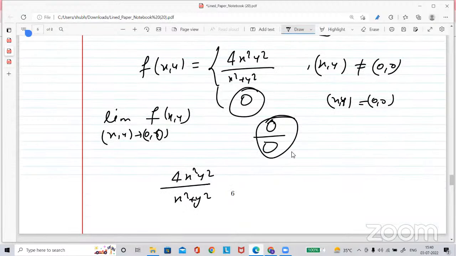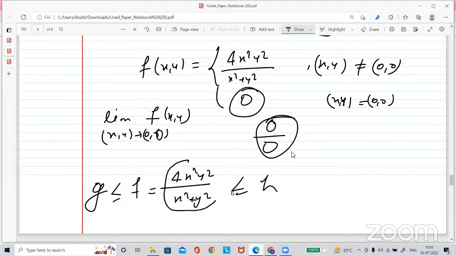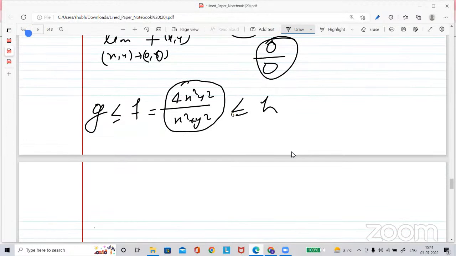So how do we apply sandwich? How do we find, again, this is our f. How will we find h and g satisfying this at (0, 0)? See, there is one property in this function. This is always going to be positive, right?